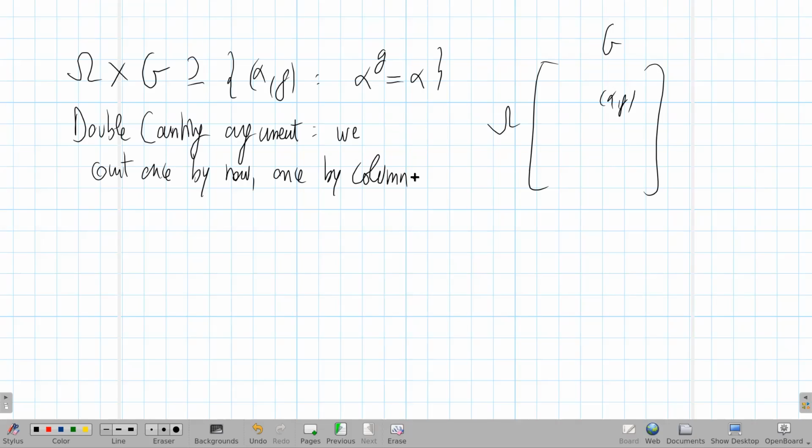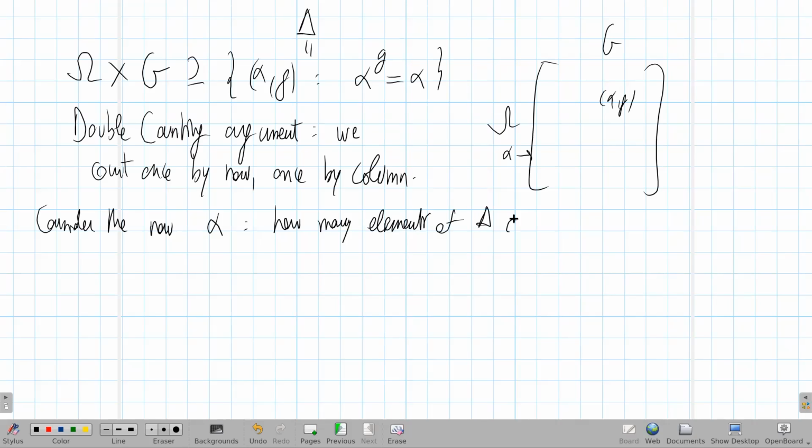So we first count by row. So how many elements of this set, let's call this set delta, okay? Consider the row labeled by alpha. So you fix alpha, and we ask how many elements of delta are in this row.